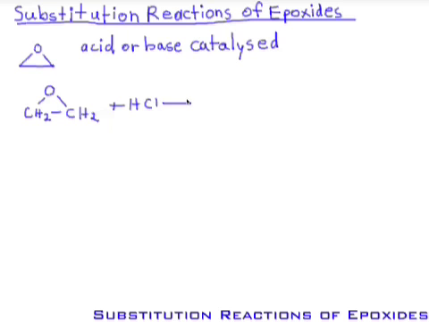You will protonate the oxygen, making an OH. The Cl will attack, breaking that bond, and you will get a CH2OH and CH2Cl.